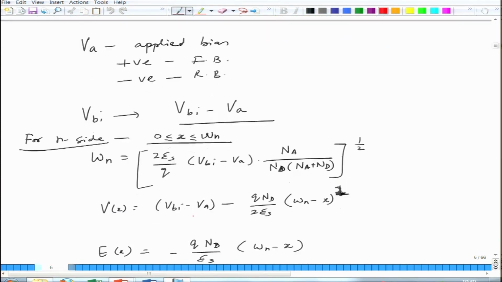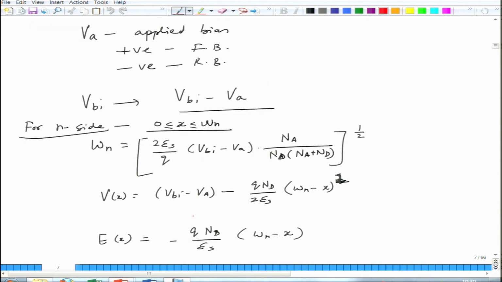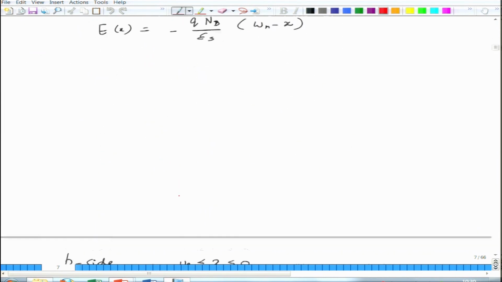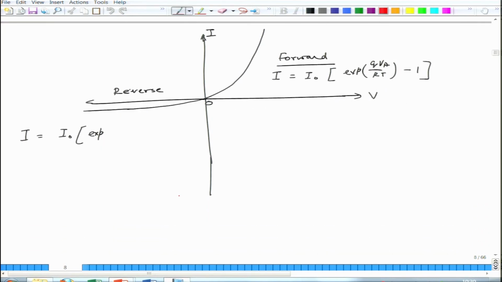So you can modify this equation accordingly, just replace with VBI minus VA, and this has implications in terms of both electric field and potential. And in case of current and voltage characteristics, you have an exponential increase in the current in case of forward bias, and in case of reverse bias you have very low current.